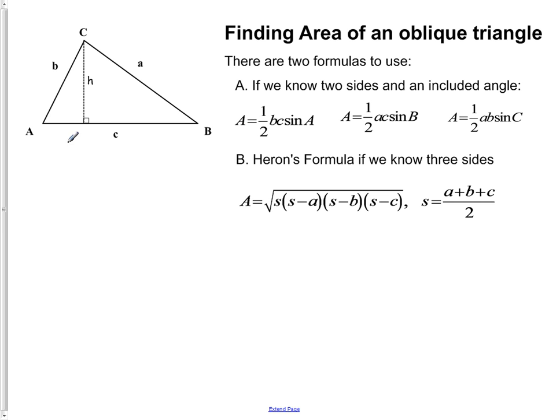So if we know an angle like A, and we know sides B and C, we can find the area of the triangle using this formula. Well, how does that come about? Well, remember that area of a triangle is always found by taking 1/2 of the base times the height.